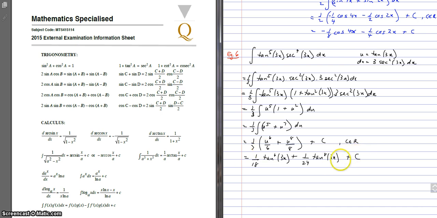Okay, so where to from here? Well, there are some exercises that you can practice in the text. Okay, in the text we've got page 262, that's exercise 6C. So that'll give you some practice on integration that involves trig identities.